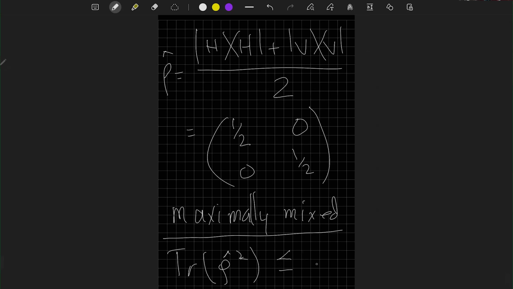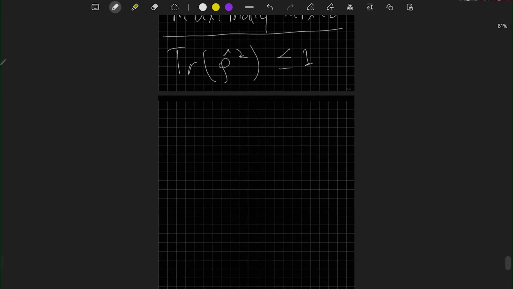This is less than or equal to 1, and it's greater than or equal to the inverse of the dimension. If trace of rho squared equals 1, this is an example of a pure quantum state, because rho is a projective operator.